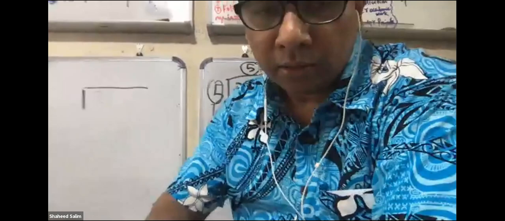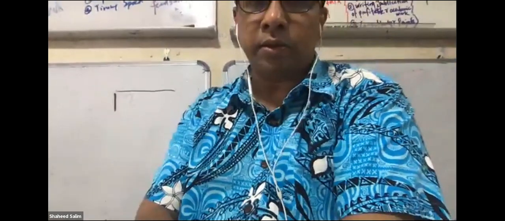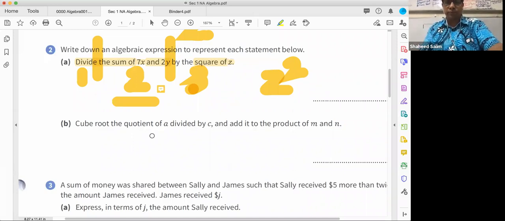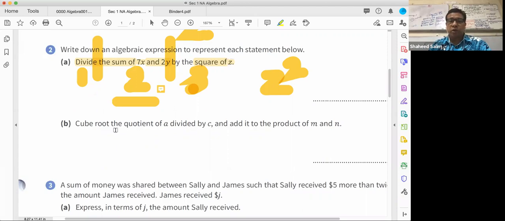Okay, now let's see. What is the quotient now down here? So again, we divide this sentence into 3 parts. You see, the quotient of this one can be one part.